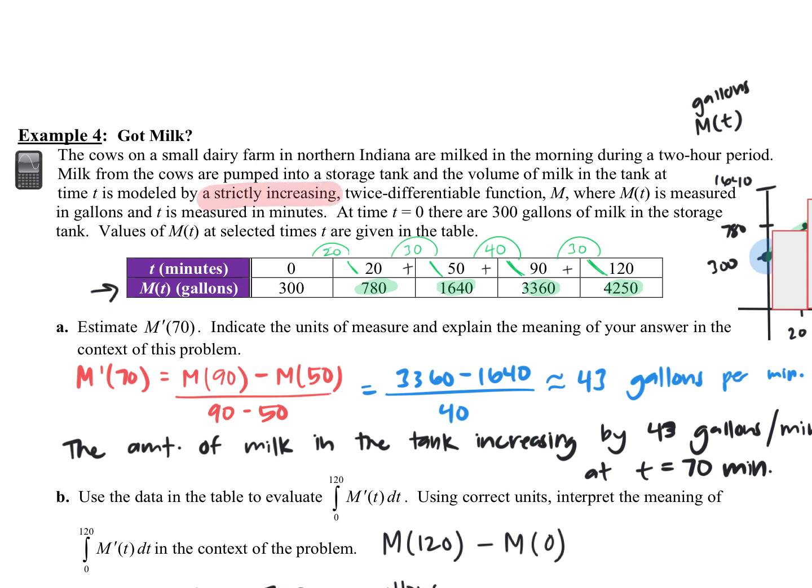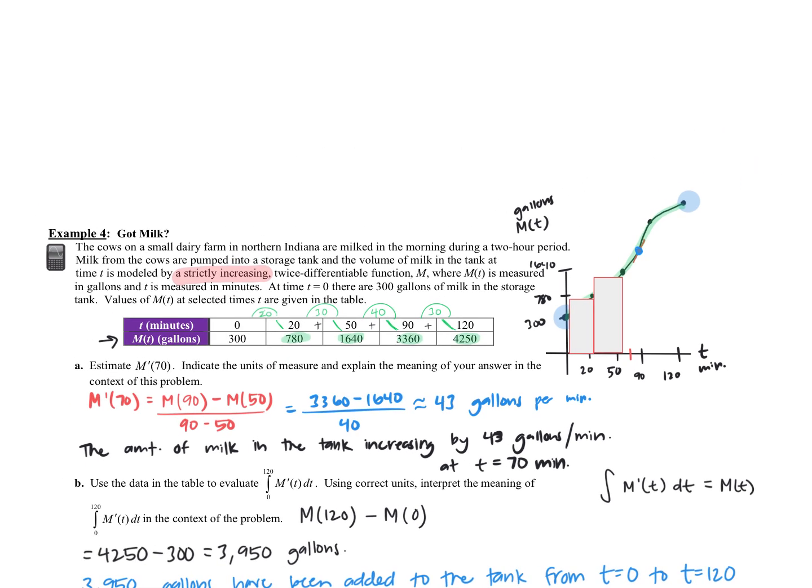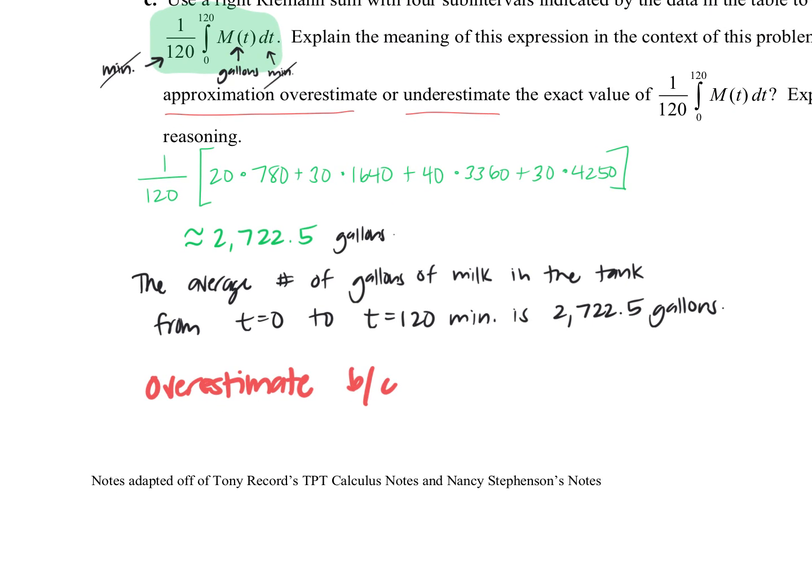Strictly increasing. If my function is strictly going up, continuing only up in that direction, never going concave down, from a right-hand Riemann sum, it's always going to be an overestimate, okay? So that's our reason. It's an overestimate because we have our function m of t is increasing.